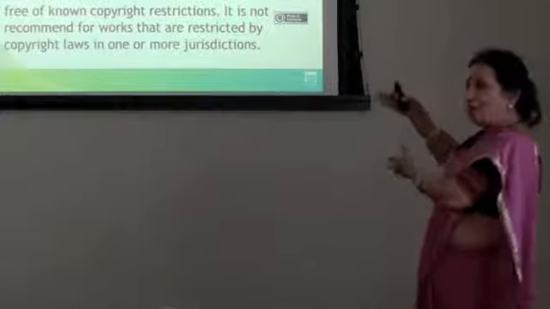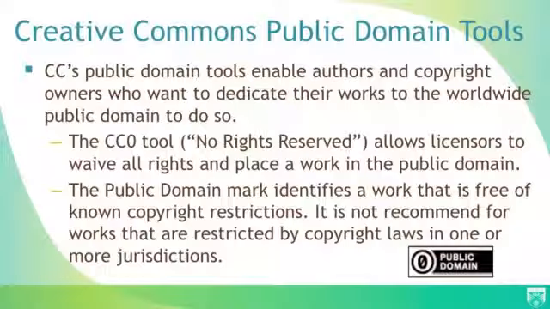A far more liberal option is also there. It's not really described as a license, but a tool, which is called the public domain tool, and the icon merely says a circle within which there is an oval which is crossed out and says PD, public domain. This enables authors and creators of resources to just put their work in the public domain, and this is a situation where they don't even want an attribution to their name.